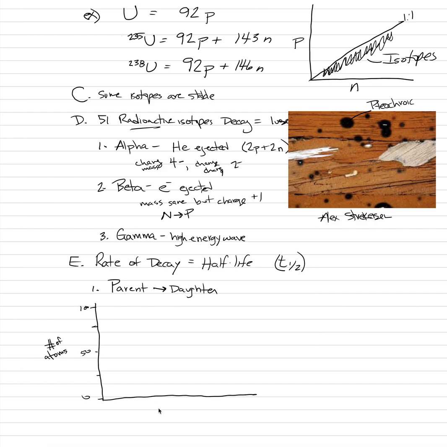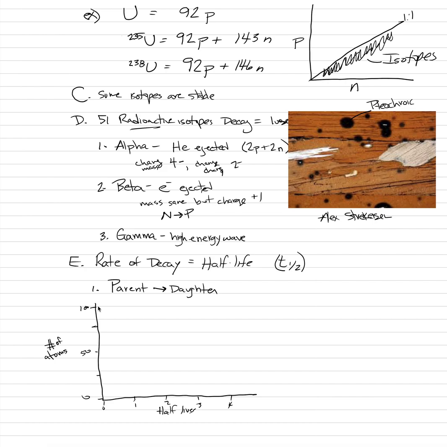Down here we have half-lives: 0 half-lives, 1 half-life, 2, 3, and 4. We're going to use this graph to show how you can have some radioactive decay and then also radioactive ingrowth. So the daughter ingrows and the parent decays.